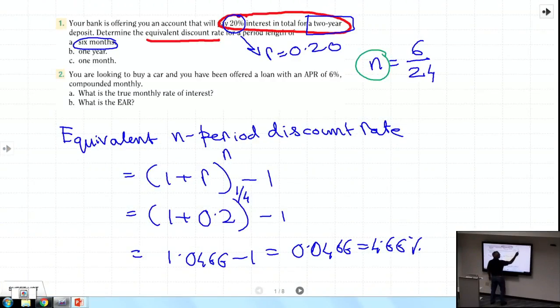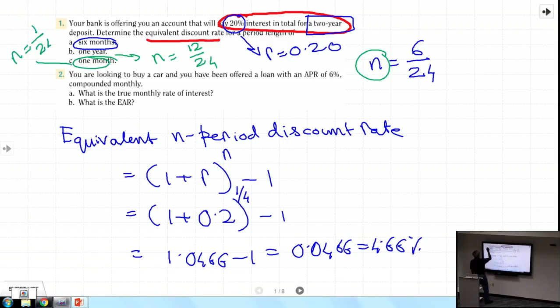For 1 year, n is going to be 12 over 24. And for 1 month, n is going to be 1 over 24. And we can calculate the equivalent discount rate.